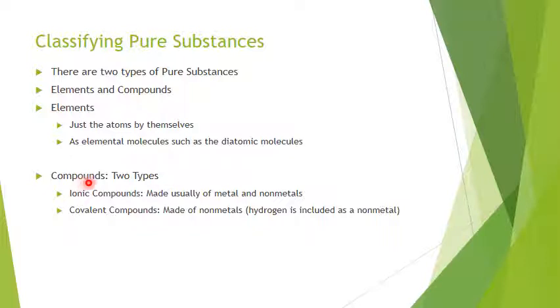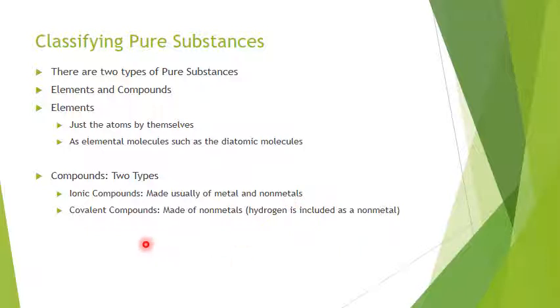A compound is when the atoms are different elements. An elemental molecule is when the atoms are the same. When you have a compound, there'll be two types. One is called an ionic compound, and these will have a metal in them and a non-metal, so something from the left side of the table and the right-hand side of the table.